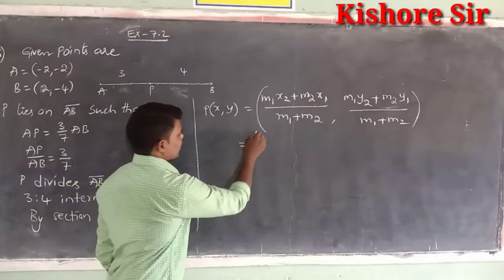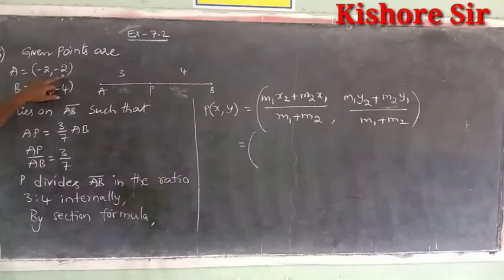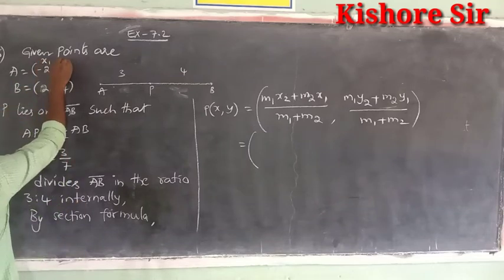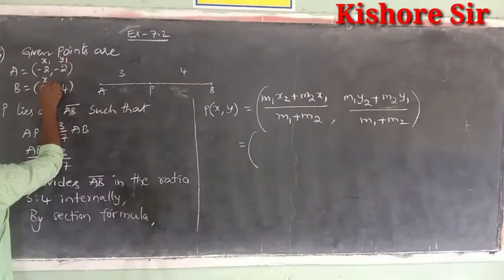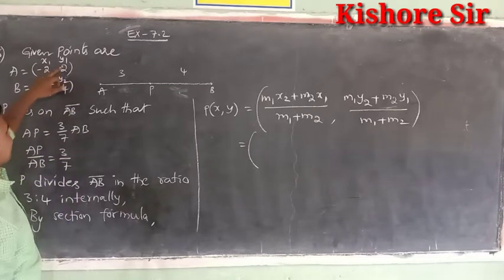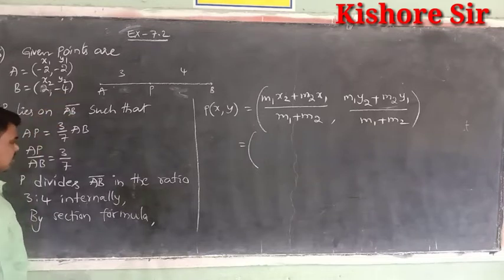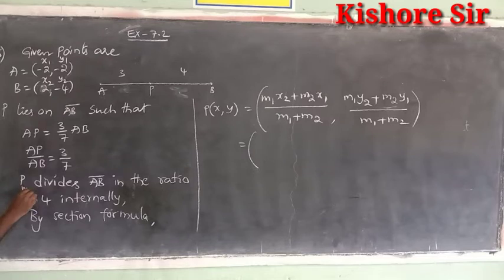See here, the first point A is (x1, y1) and the second point B is (x2, y2). The ratio is 3:4, so 3 is m1 and 4 is m2.